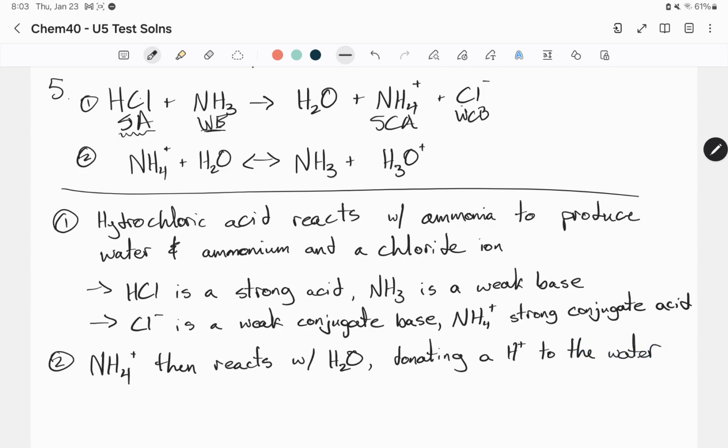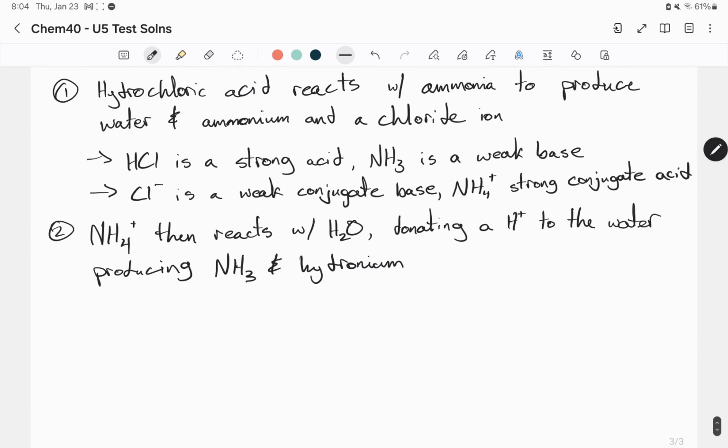Because it's acting as a Bronsted-Lowry acid, so it's donating hydrogen, producing ammonia and hydronium. And I haven't named hydronium yet, so I should write its name.